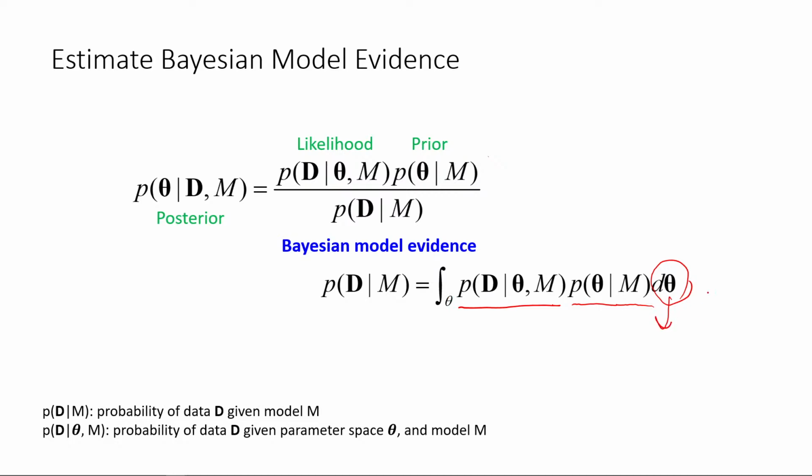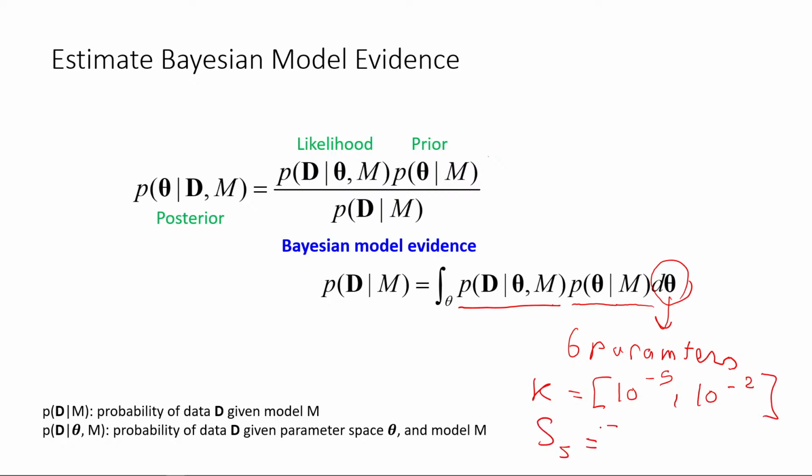Remember in the previous model that I just showed you, the parameter space has 6 parameters. Each parameter, like hydraulic conductivity, could go from, let's say, 10 to the power minus 5 to 10 to the power minus 2. Specific storage goes from 10 to the power minus 6 to 10 to the power minus 5 or whatever.